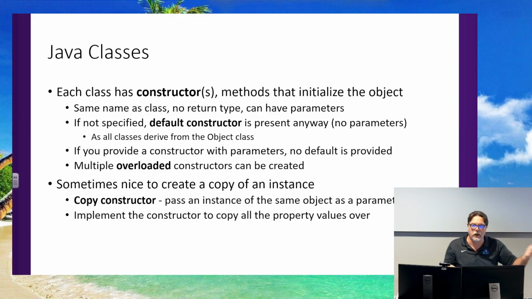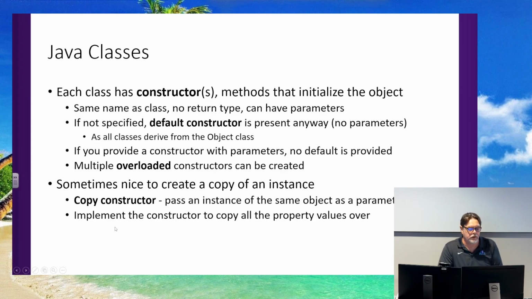Does it return void? Does it return a string? You have to tell it what the return value is of this method. But with the constructor, it always has to return an instance of the class, so there's no opportunity or need for you to define that return value. And the name of the constructor is always the same name as the class. So if I have a Cat class, the name of my constructor is going to be Cat, always.